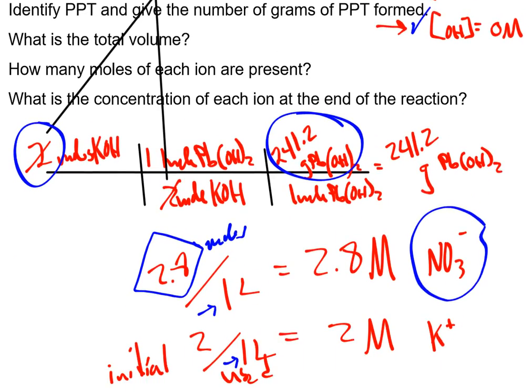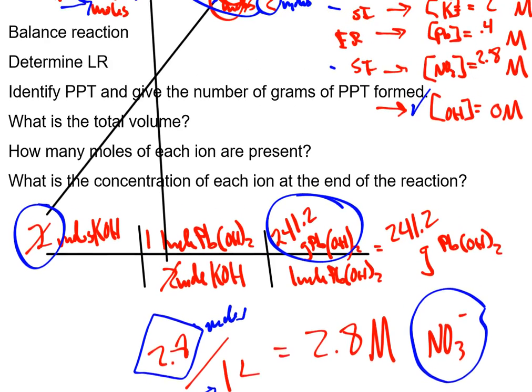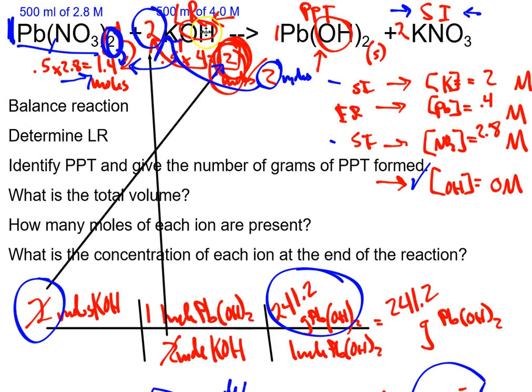Now, you just divide that by the new volume, which is 1. That makes 2.8. Now, for K, I'm going to do the same thing. I find its initial moles, and it stays constant. I'm going to erase a ton of stuff here, because it's complicated.